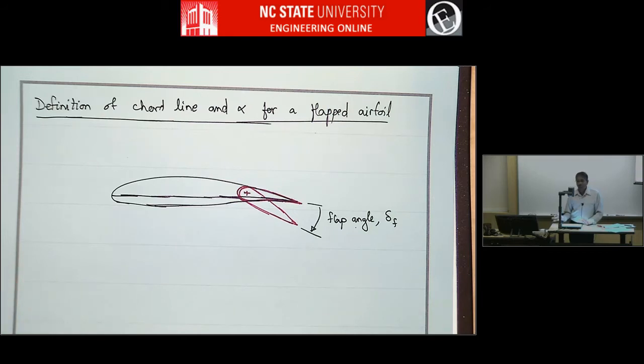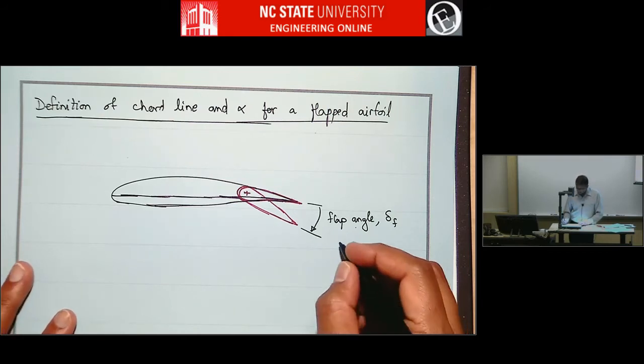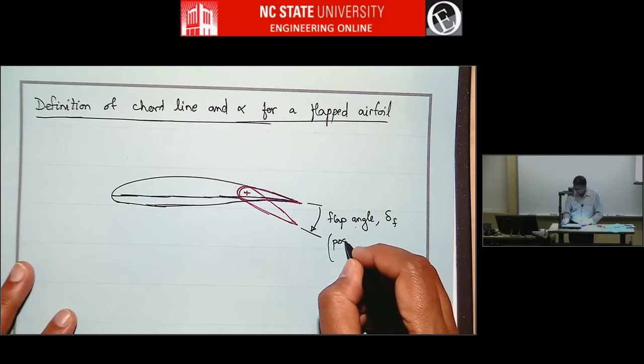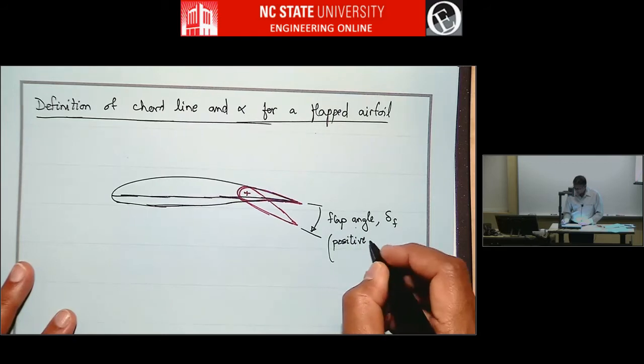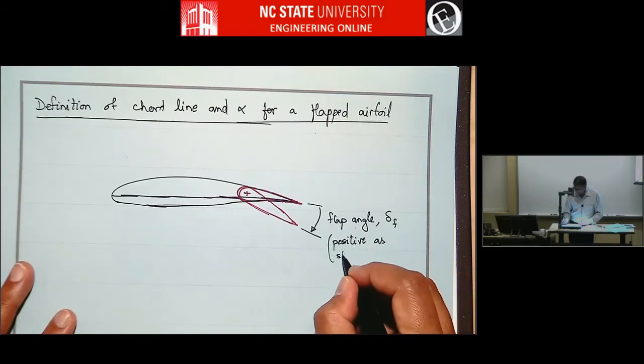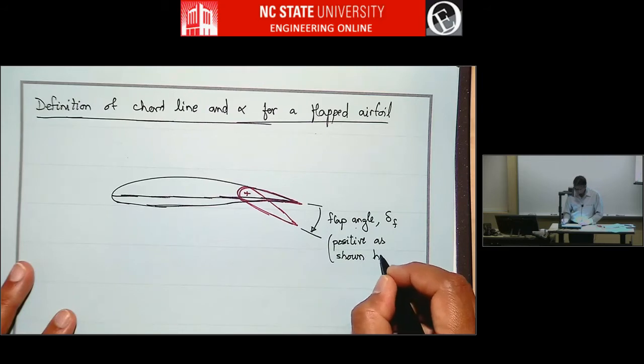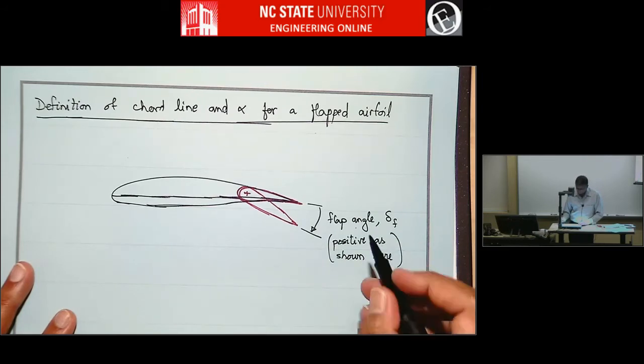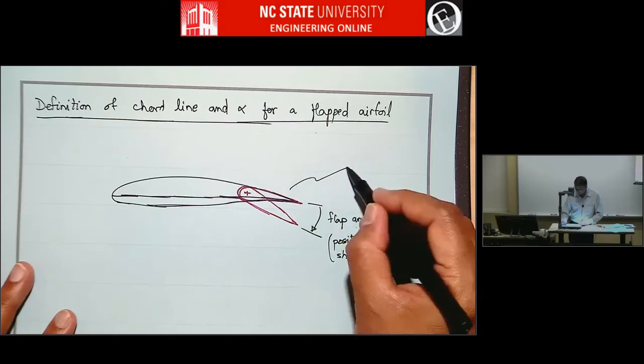But here we are just talking about it like a flap. And usually this is positive as shown here, positive deflection. And this is called a plane flap.